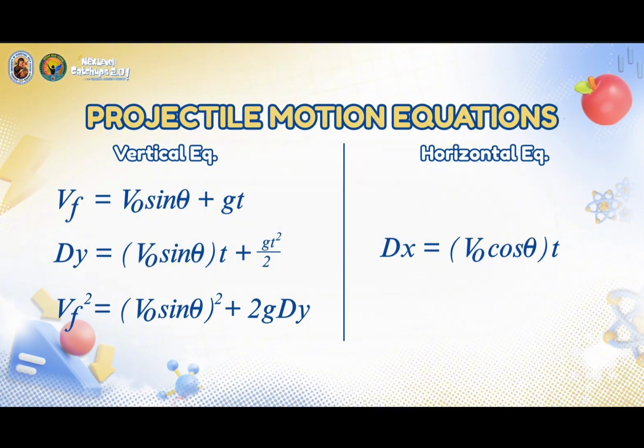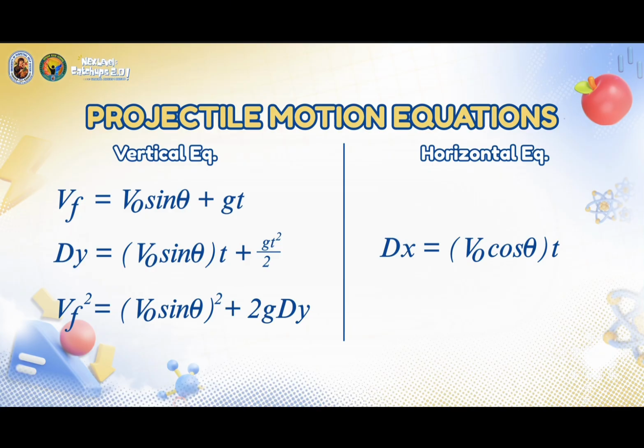We also have the different equations in projectile motion, divided into 2, vertical and horizontal equations. For vertical equations, we have 3. The first being the final velocity is equal to initial velocity multiplied by sine theta plus gravitational acceleration multiplied by time. Second being the vertical displacement is equal to the quantity initial velocity multiplied by sine theta multiplied by time plus gravity times t squared all over 2.